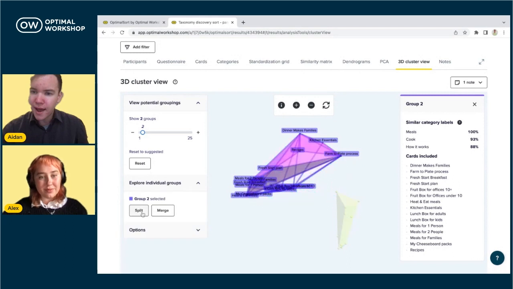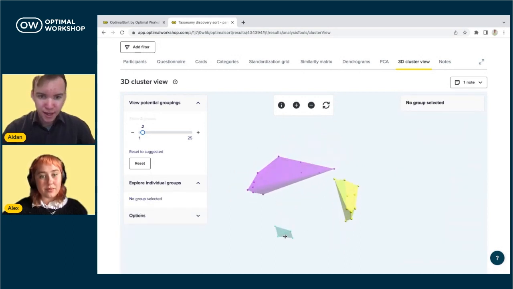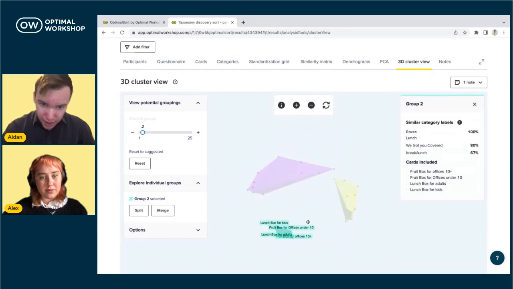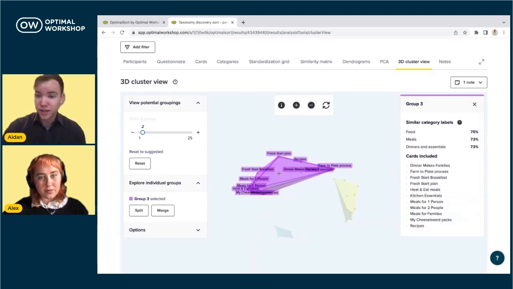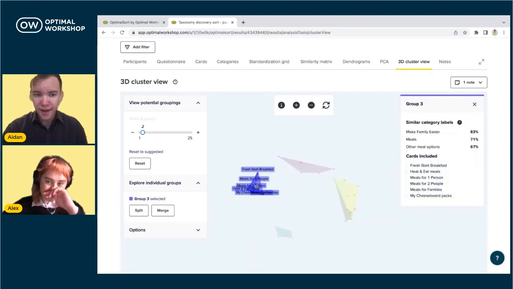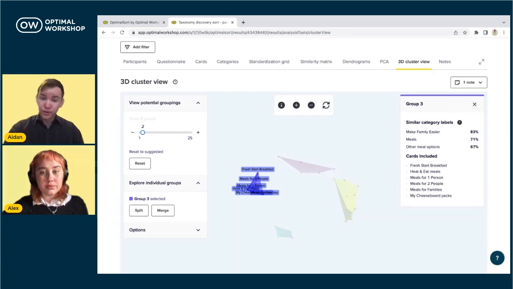If I was then to split this out, we actually see, interesting, that the boxes section splits out as notably different from the remainder. If I was to split it again, we see some of those meals, those core products, are shown through here.